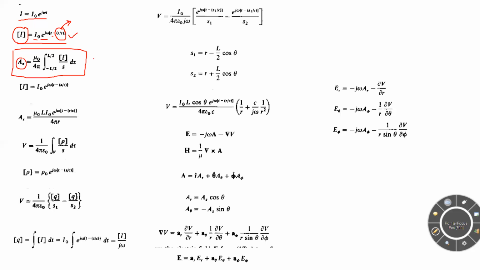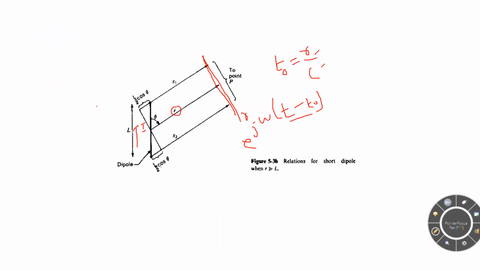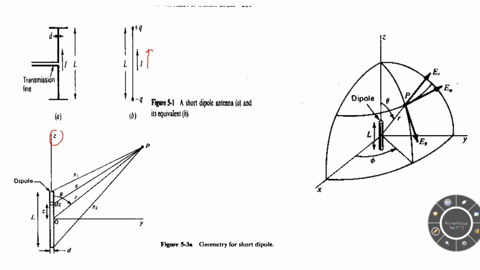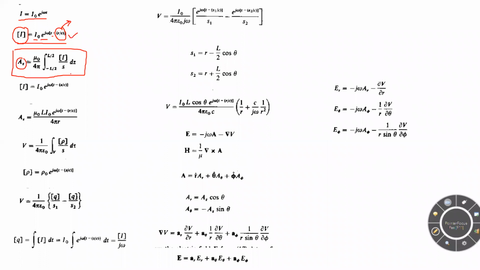So we term it as vector retarded potential, which is given by this equation: mu naught divided by 4 pi, integration from minus L by 2 to L by 2, because the integration falls only within the length of this dipole, which is placed along the z axis. So here we have plus L by 2, and on this side the value of z will be minus L by 2. So we have the integration of the retarded current divided by s, which is given by dz.